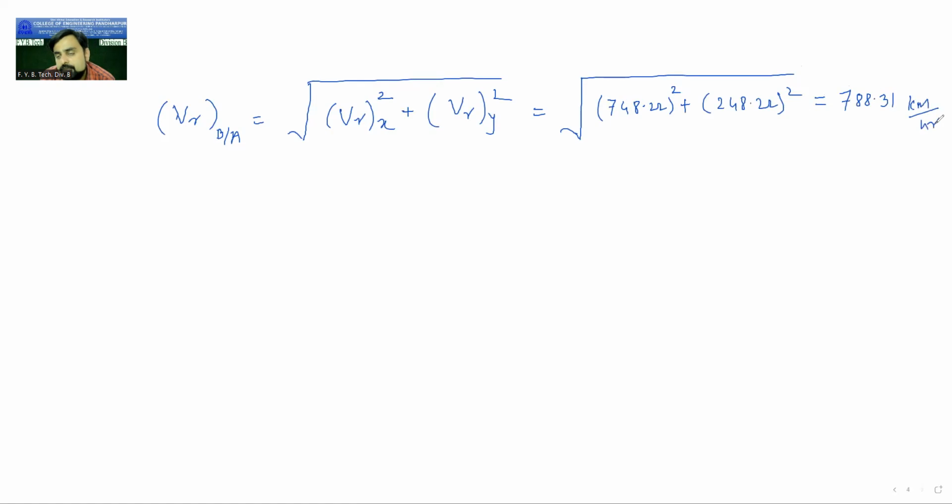Please check the answers. So now we have got the resultant relative velocity of B with respect to A. Okay.